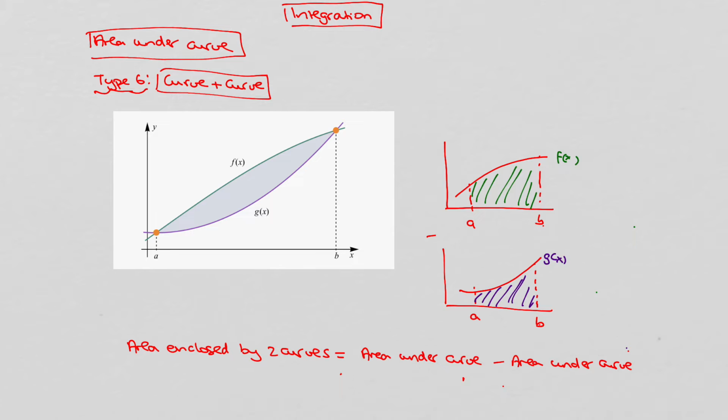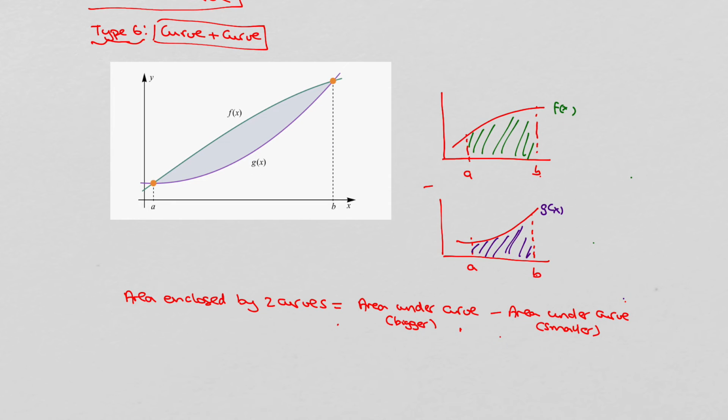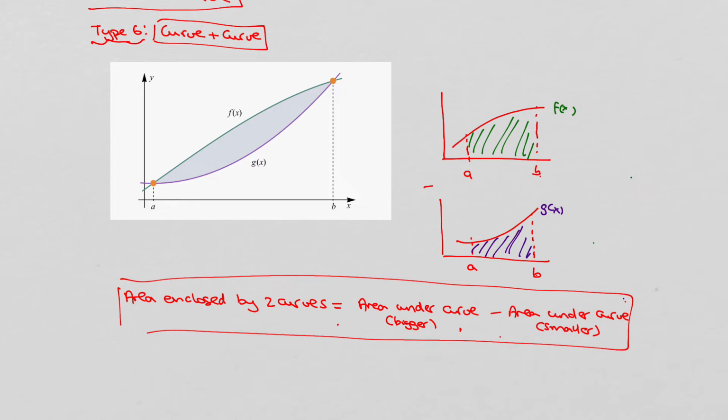And obviously you're taking the bigger area and the smaller area. So a little sketch always helps you figure out which one you're taking away from which. Okay, so let's have a look then at an example.